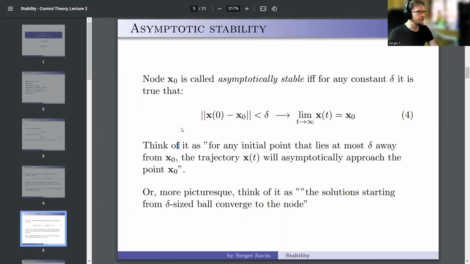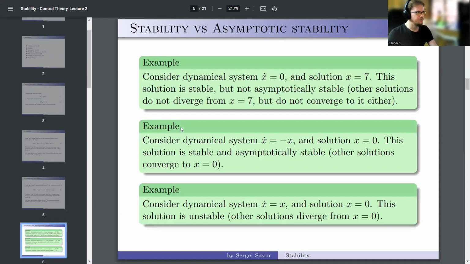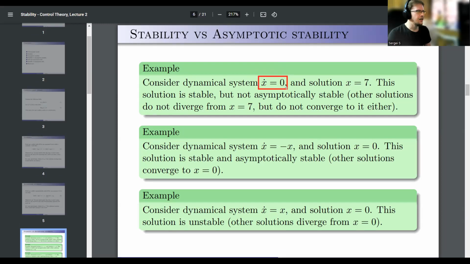Well, let me show some examples. Here are a few examples that I think will illustrate what we're talking about. Consider this system, x dot equals 0. A very simple first order ODE. We can consider the solution x equals 7. x equals 7 is a solution to the system.